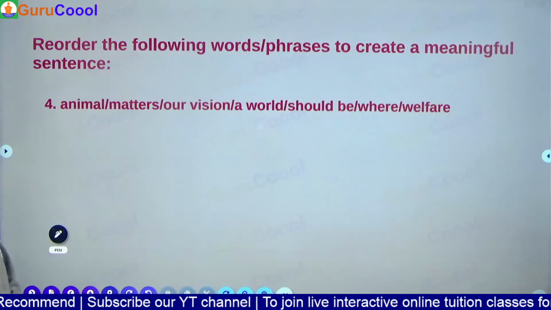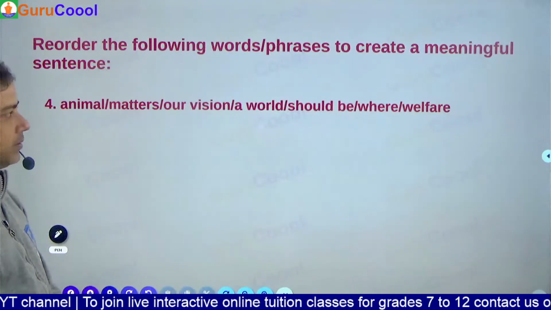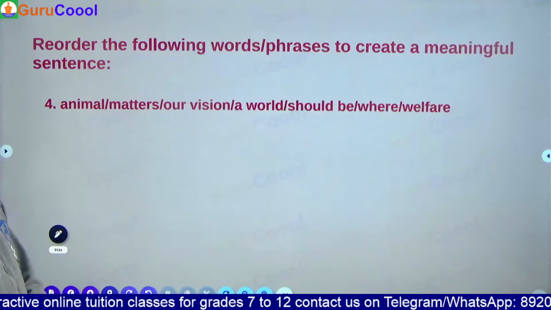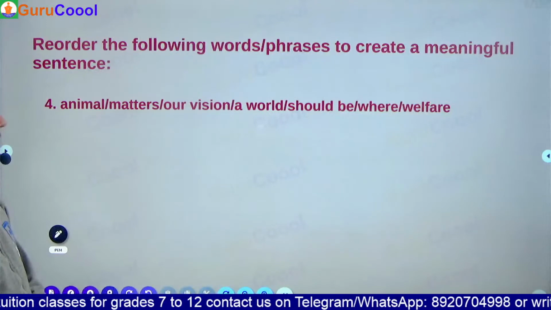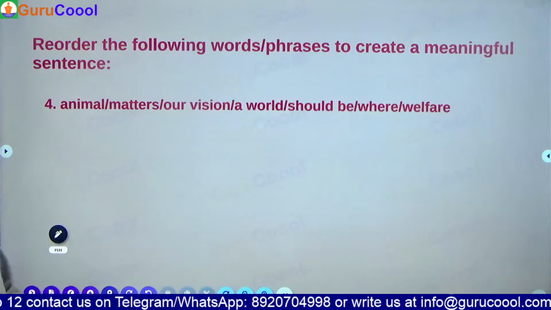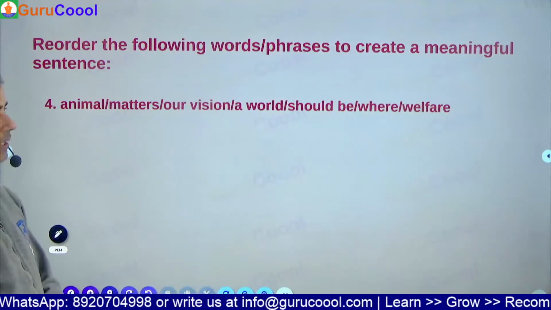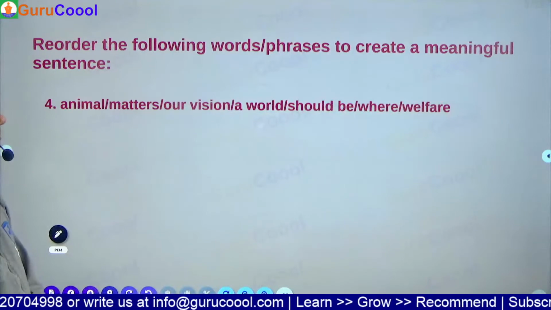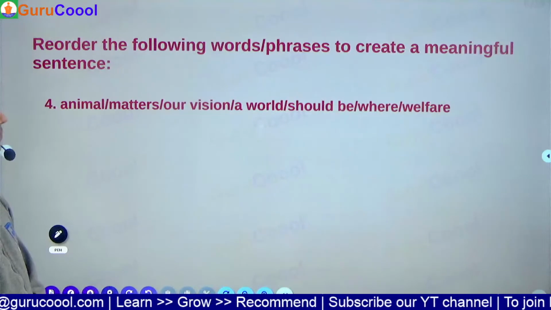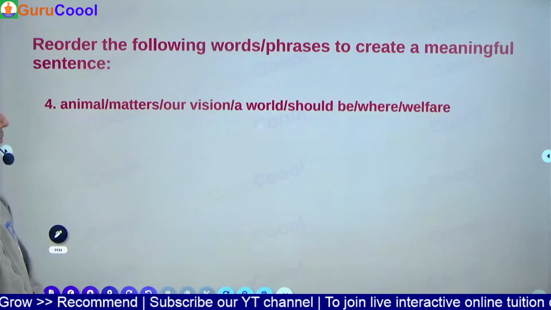Welfare means something good for others. Goodness. In Hindi we say bhalai, someone's wellbeing, that is welfare. Write it in your notebook. Check if it is meaningful.